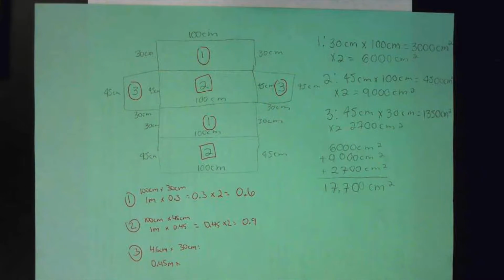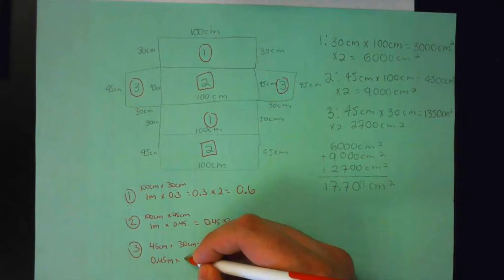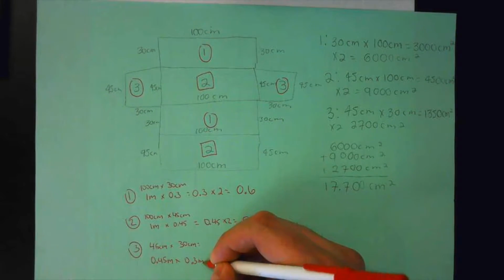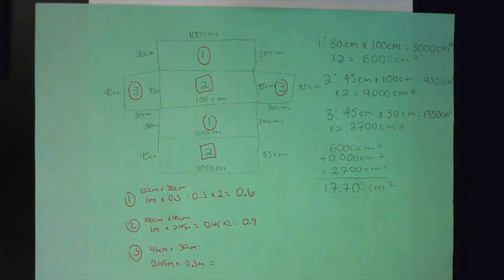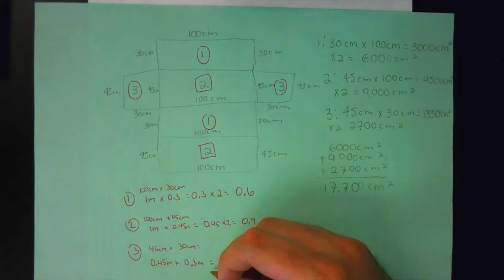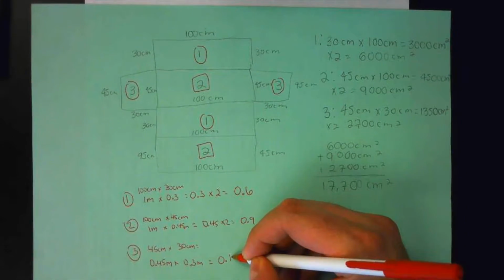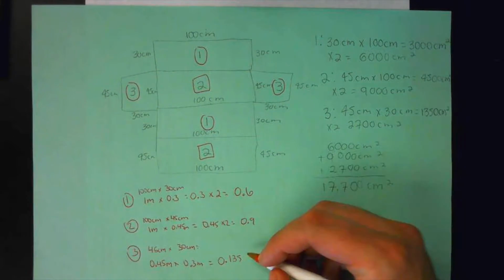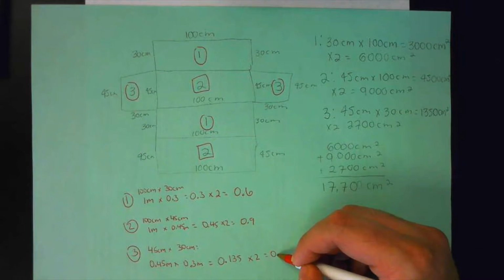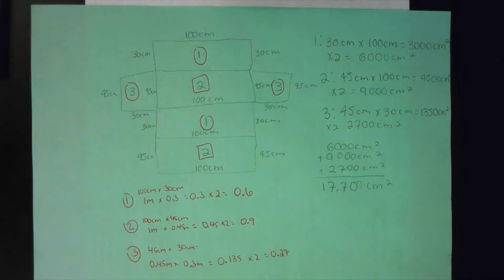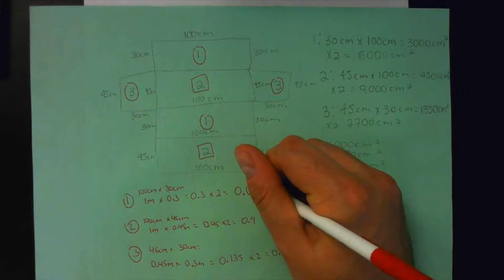And what is 30 centimeters in meters? 0.3. Okay. And when you multiply these together, you get 0.135. Multiply this by 2, it gives you 0.27.